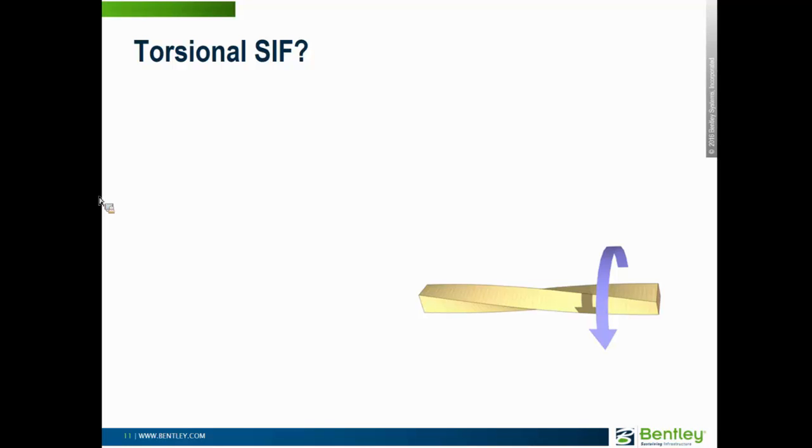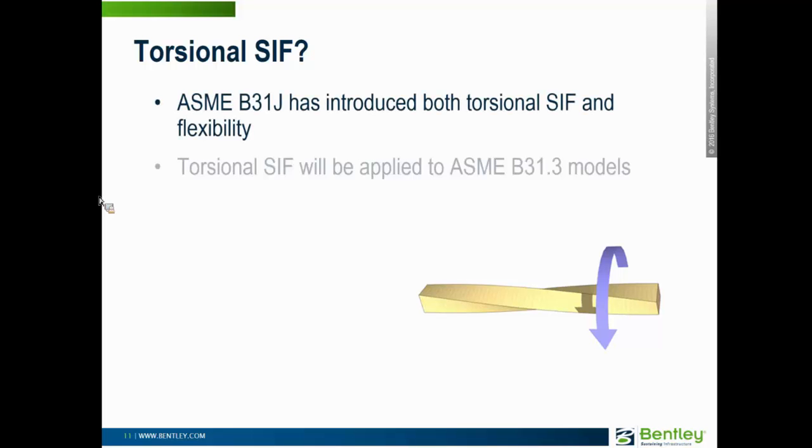With the introduction of B31J, AutoPIPE will support torsional SIF values other than 1 for the B31.3 stress calculations. It extends beyond this feature, in that the designers will be able to enter torsional SIF values even in non-B31J models. So if you're using B31.3 without B31J, you will be able to enter user-defined torsional SIF values.